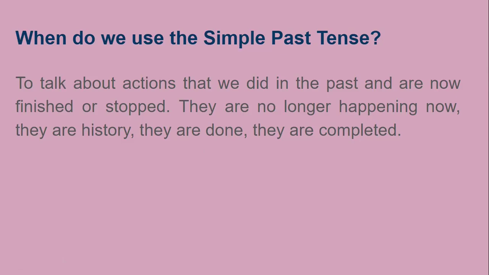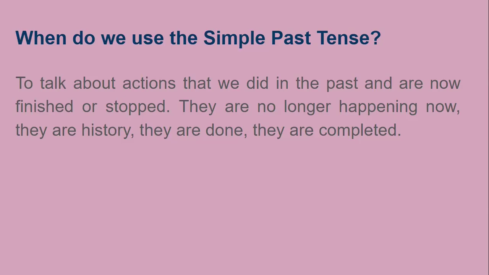So if we talk about actions which happened in the past, the past could be 1 hour ago, 1 day ago, 2 days ago, a week ago, a year ago, 10 years ago, 20 years ago, last week, last month, 5 months ago, and so on. It doesn't matter.